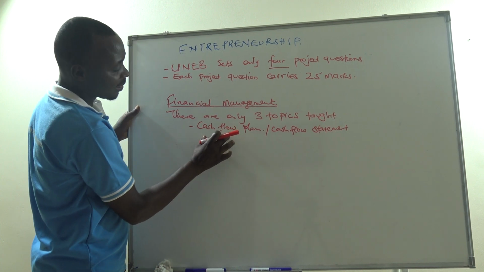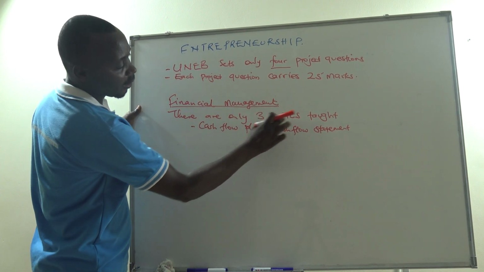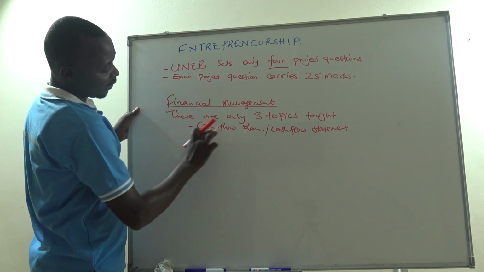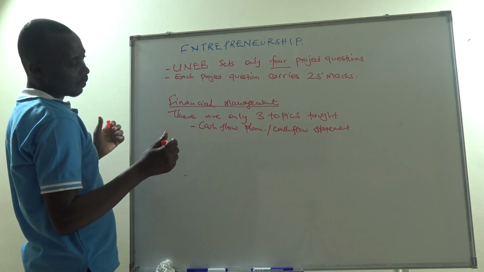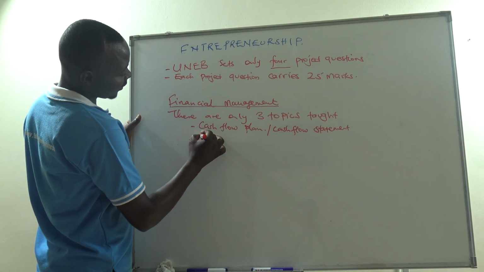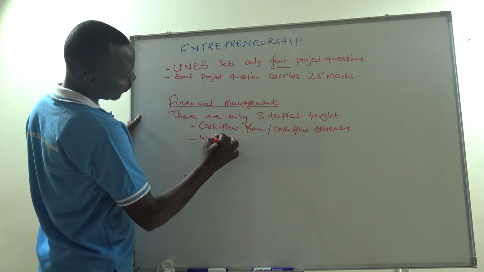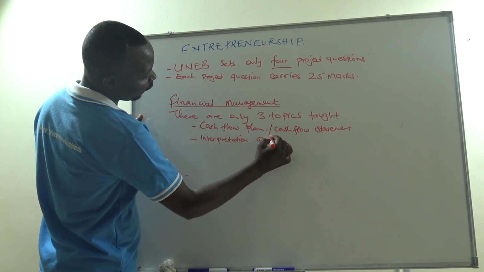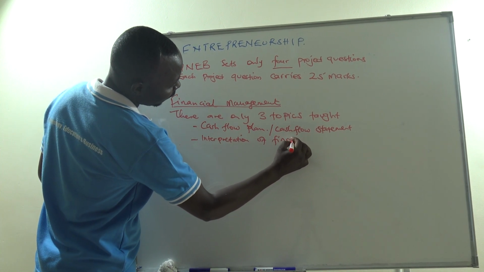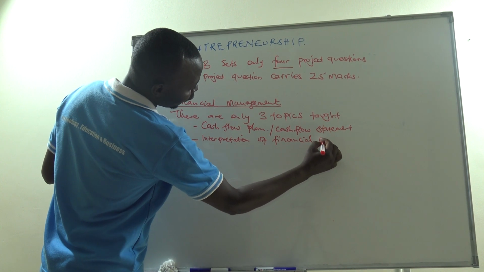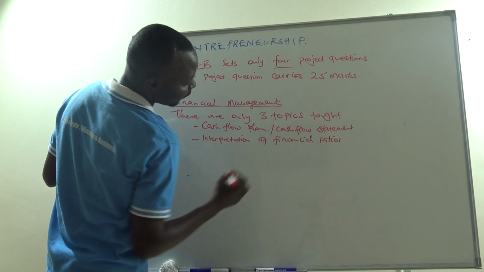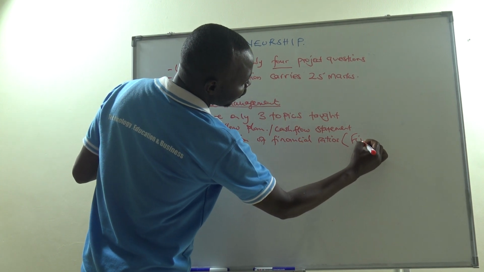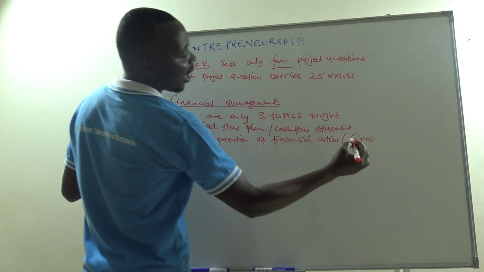But what we need to understand is there are only 3 topics taught here. One is a cash flow statement. Another one is interpretation of financial ratios, which are got from what we call the final business accounts.